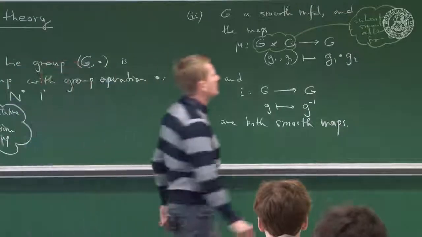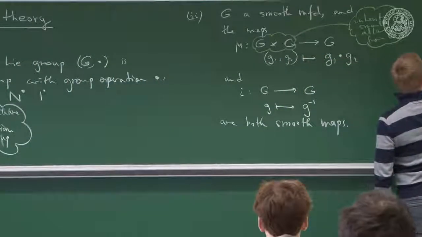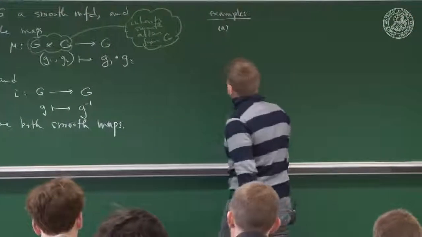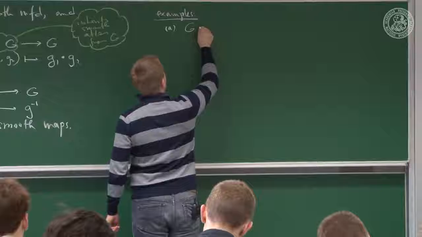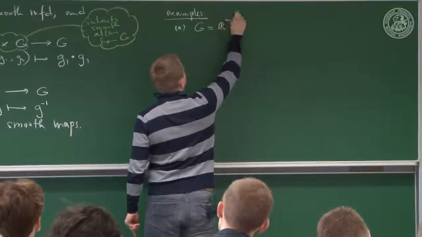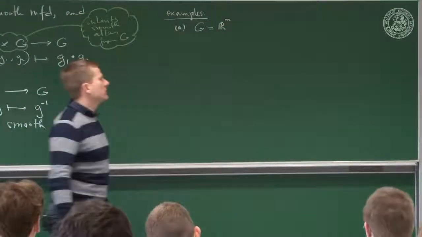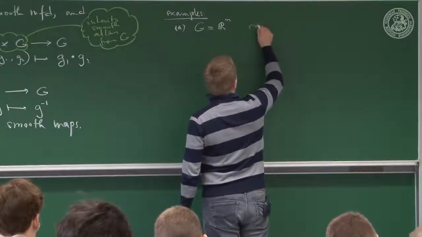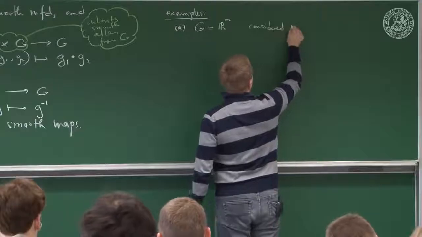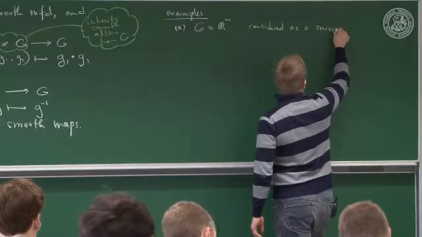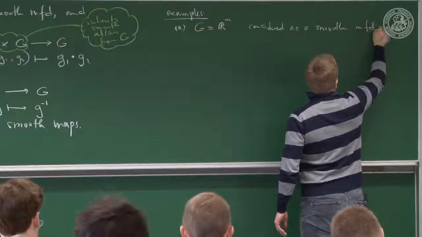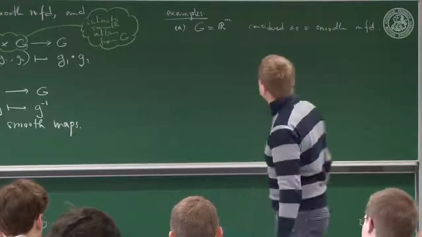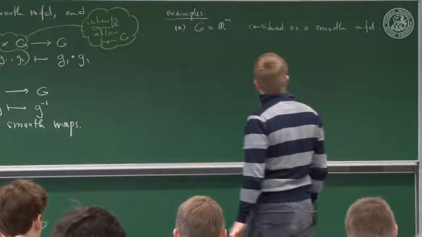Now, examples. Well, a very simple example is, as G, you simply take R to the n, but because we want to construct a Lie group, we take Rn considered as a smooth manifold. And we know there is a topology understood and there's a smooth atlas understood. We suppress that in the notation.